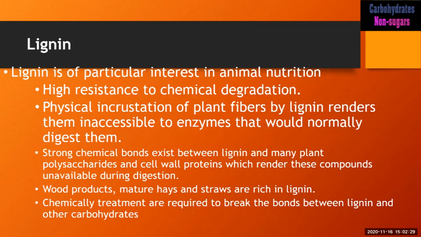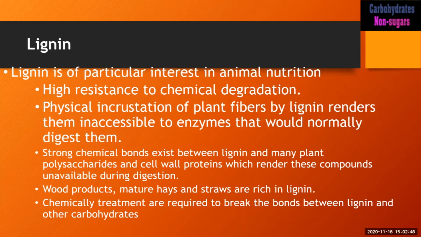If cellulose and hemicellulose are linked with the lignin through a lignocellulosic bond, that results in the loss of such nutritive components of the diet. Wood products, mature hay and straw are rich in lignin.